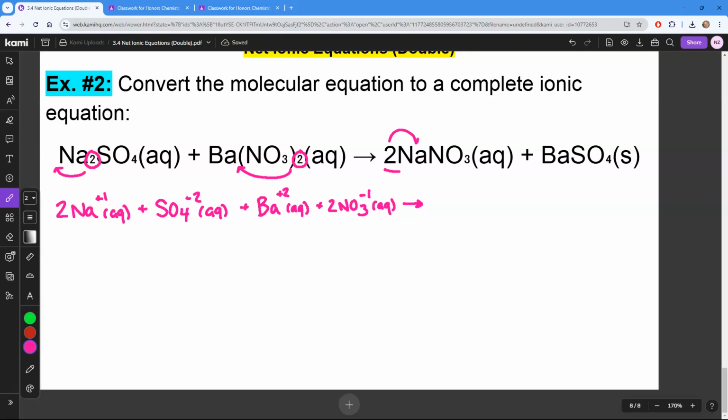That coefficient is going to go to both pieces when we write them out. So it's going to be 2 sodiums and then we have 2 nitrates, and then finally we have our solid barium sulfate.